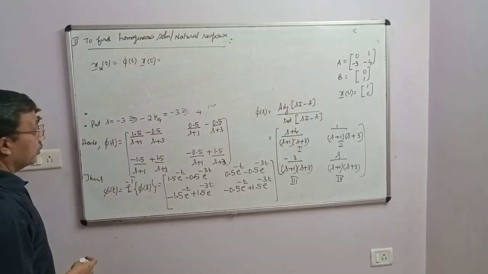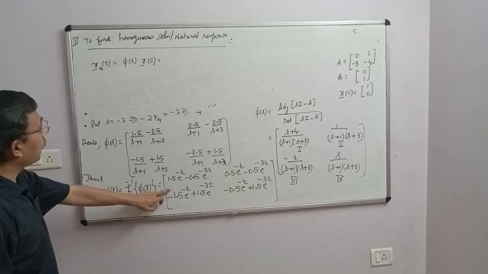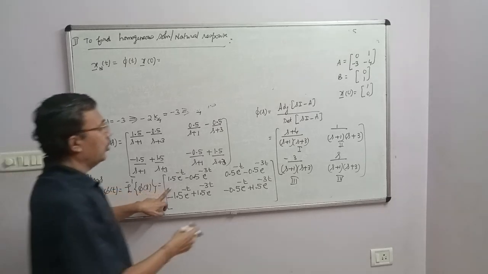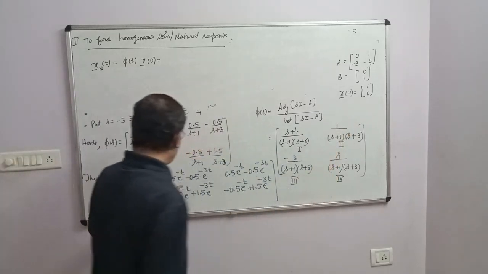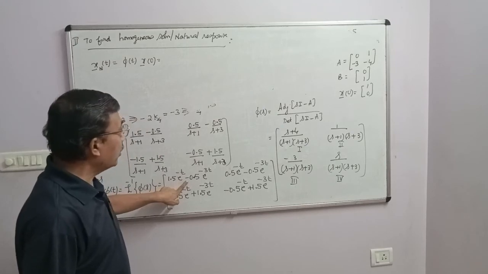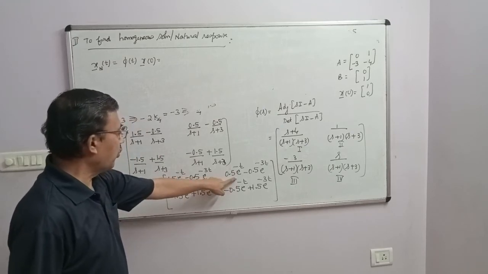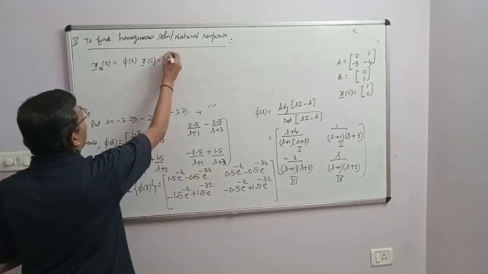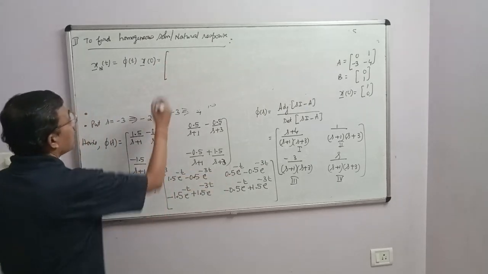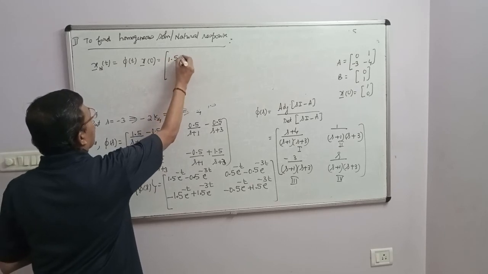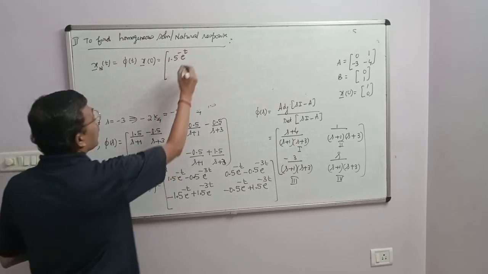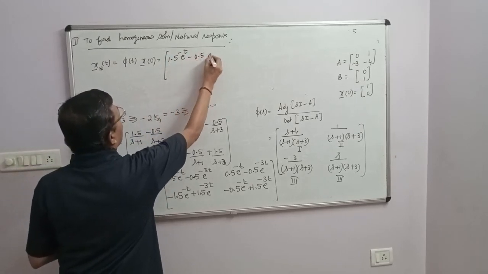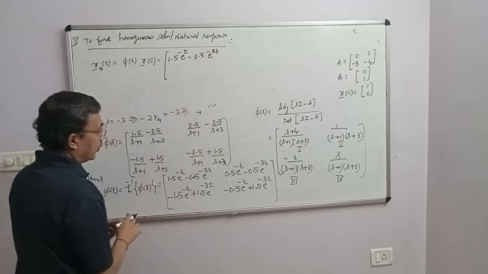This is phi of t. If you multiply phi of t by x bar of 0, this element gets multiplied by 1, this element gets multiplied by 0. Multiply this by 1, this by 0 and add. So what you get is 1.5 e power minus t minus 0.5 e power minus 3t.